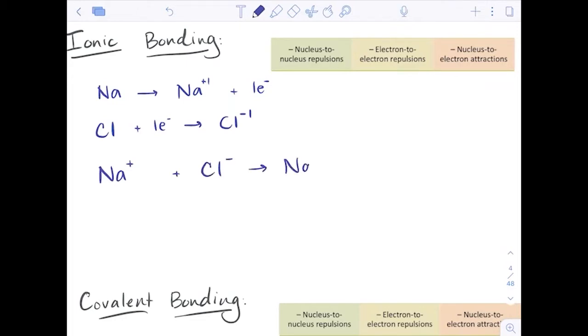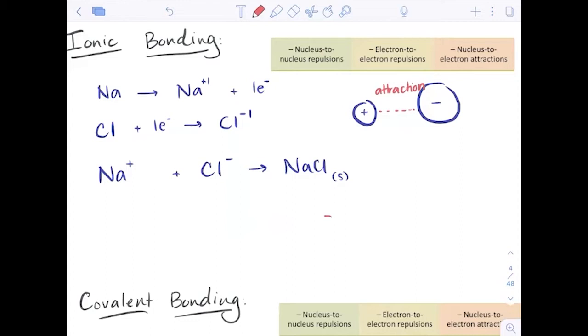And we made the wonderful ionic compound, sodium chloride. Now, if we think about a sodium cation and a chlorine anion, remember anions tend to be larger, cations tend to be smaller. There is an attraction between opposite charges. Overall, there's an attraction between the plus and the minus.